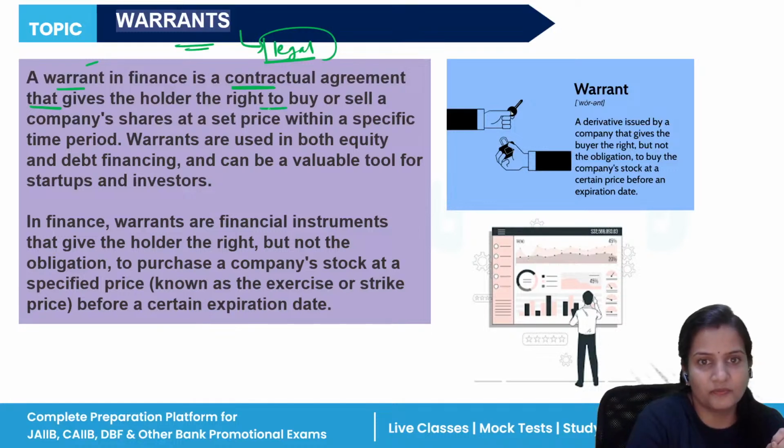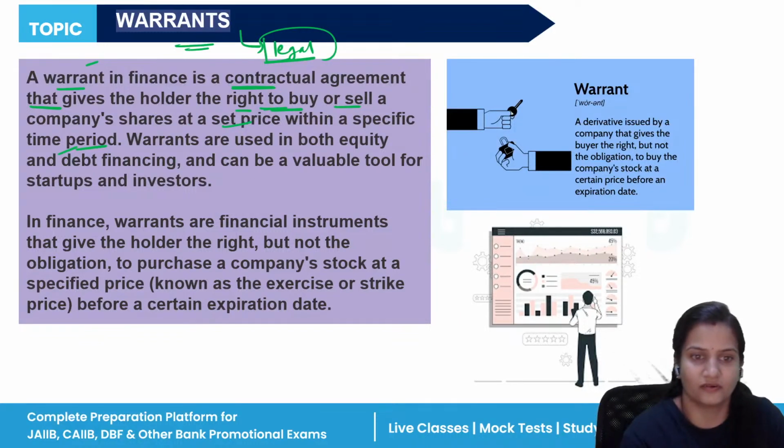It gives the right to buy or sell a company's share at a set price, the price mentioned in that warrant, and at a specified time period. So it gives the holder the right either to buy or to sell a company's share. And these can be used in both equity financing as well as debt financing.